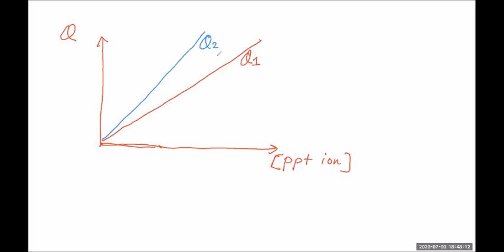As you increase the precipitating ion concentration, both quotients will increase, starting from 0. At point 0, the concentration is 0 and there's no precipitate. The quotient equals 0, much, much smaller than the KSP. And then we have 2 KSPs.